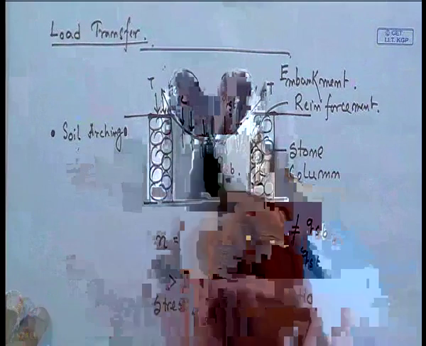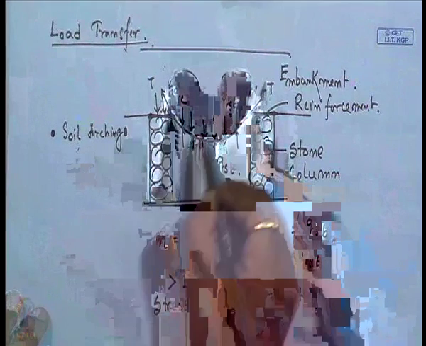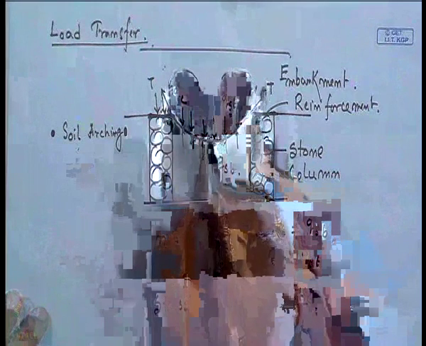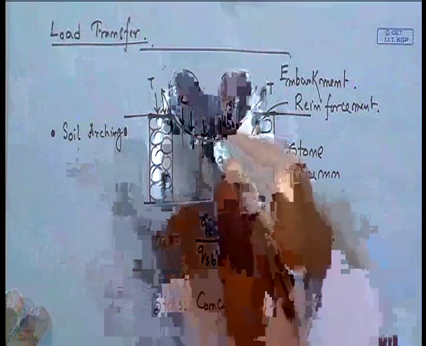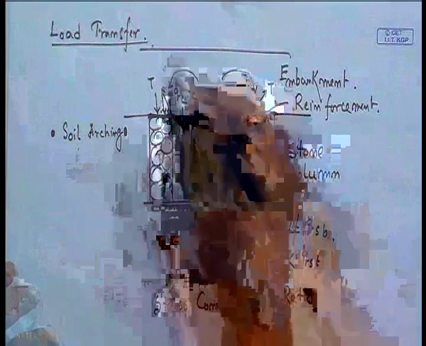That is due to the stiffness difference between the soil and the stone column, because here it is stiff, it will deform less, and here it will deform more because this soil is very soft. So, because of that, soil arching will occur. So, one reason is soil arching, and the second reason is stress transfer due to the reinforcement.